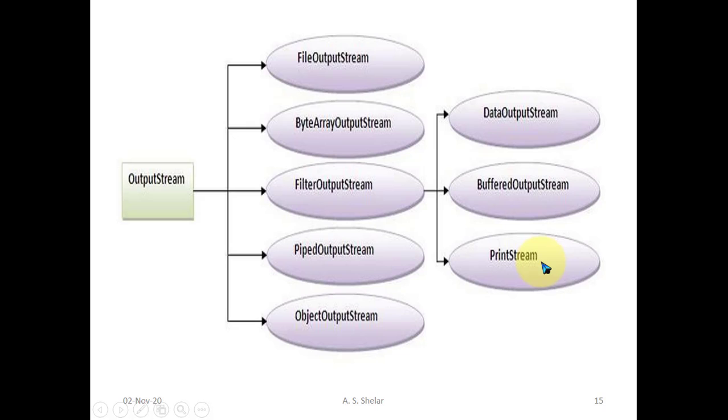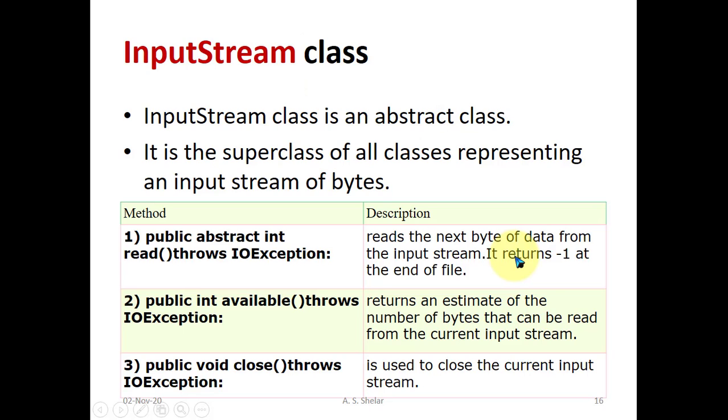Similarly, the InputStream class is available. InputStream is an abstract class. It is a superclass for all input streams of bytes, and the methods are available. These are abstract methods: public abstract int read, then int available, and close. The read method helps you read the data, and it returns -1 at the end of the file. The available method returns an estimate of the number of bytes that can be read from the current input stream.